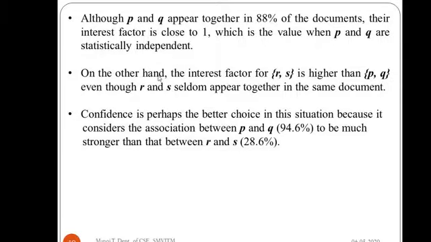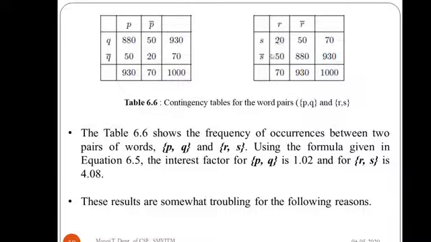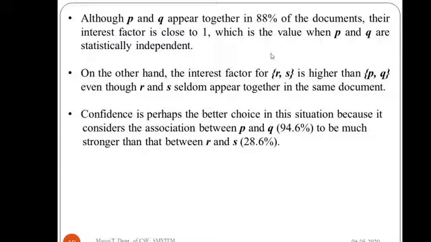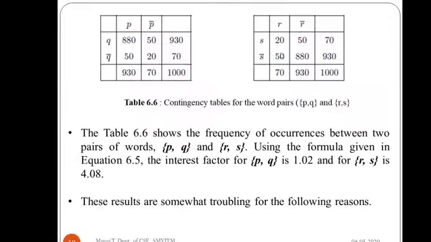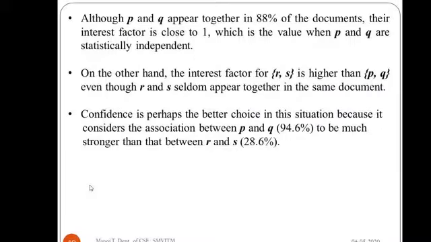On the other hand, the words compiler and mining appear very rarely, only 0.2 times out of 1000, but their interest factor is quite high, 4.08. So in this example, the interest factor is quite misleading, and it leads us to a wrong result, saying that R and S appear more frequently together compared to P and Q.